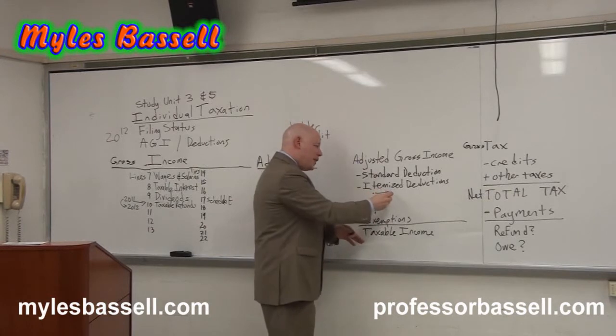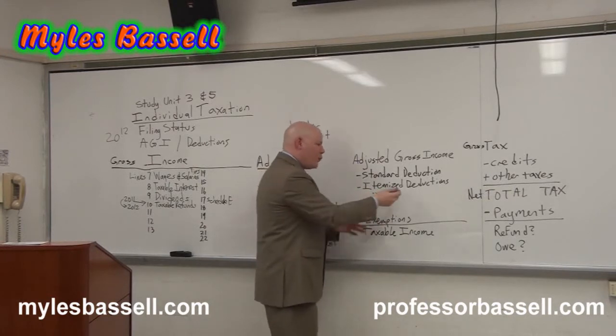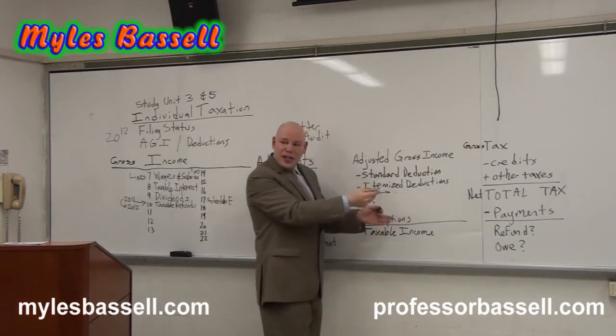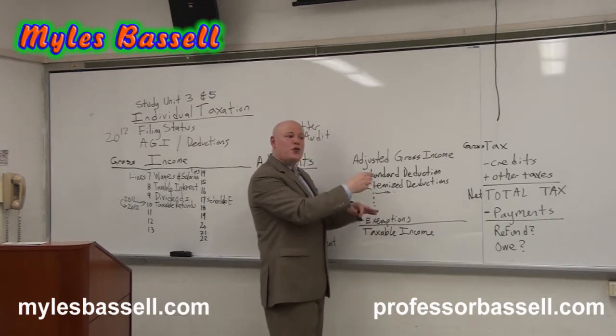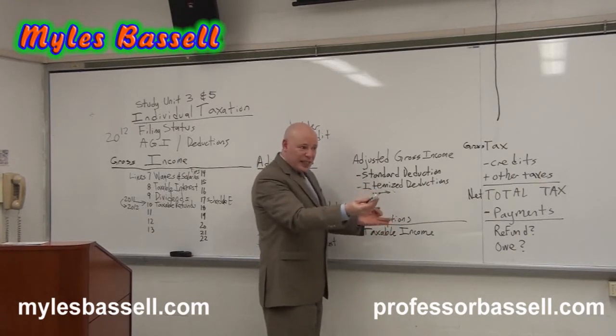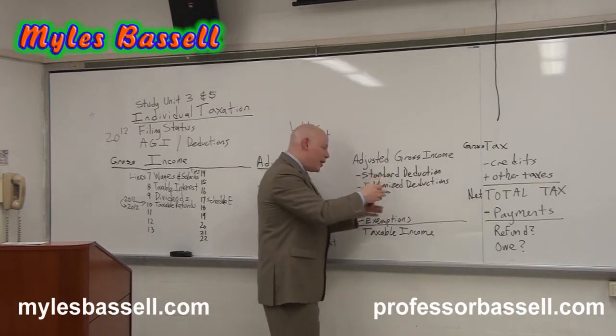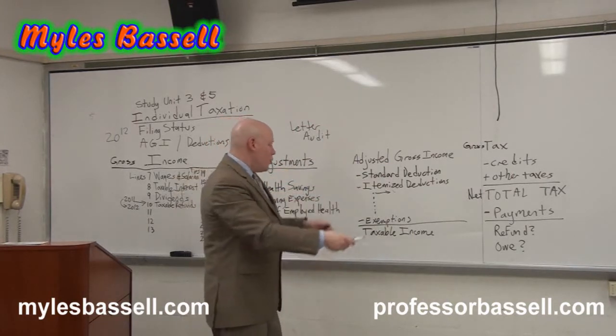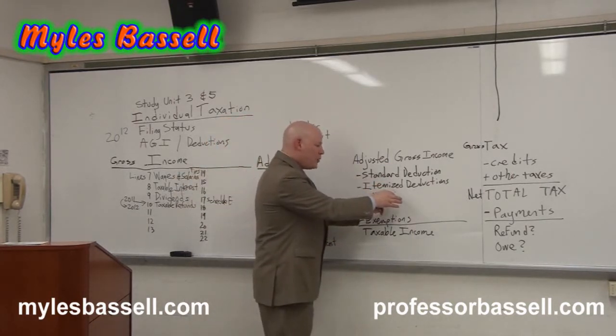So it's likely that if we itemize our deductions, we're going to have a deduction here for what we paid New York State in 2012, because we don't know what our refund is yet. We paid it. That was in 2012. Now we're in 2013 preparing our 2012 return. There's going to be an amount here.